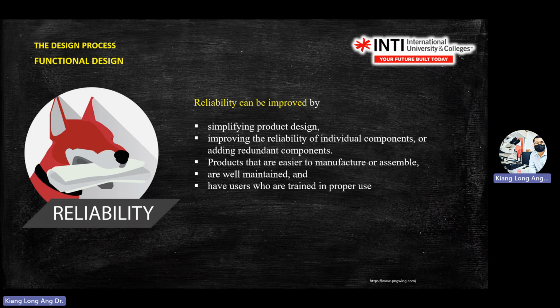The third one, later we'll learn about the manufacturing process. If the product is easier to manufacture, easier to assemble, well maintained, or you train the user to use it, that also increases the reliability.